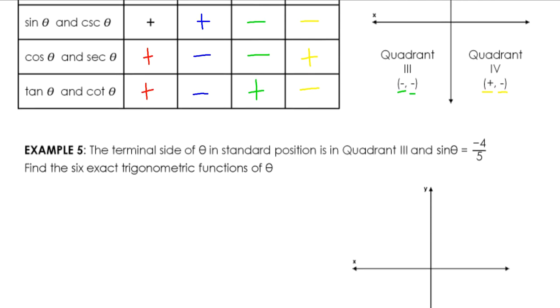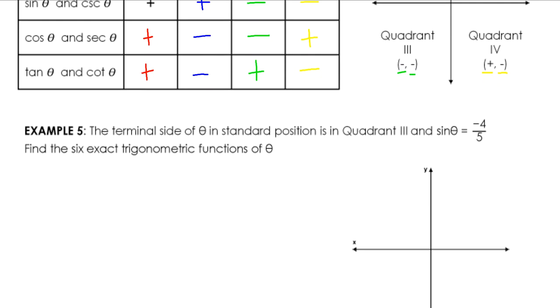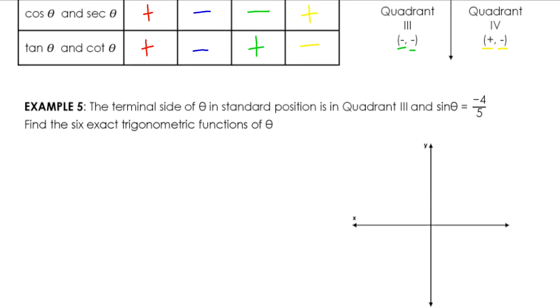So let's use that to see what's going on here. Here's the kind of question you might see around this. The terminal side of theta in standard position is in quadrant 3, so I know it's going to be in that bottom left quadrant. And the sine of theta is -4 over 5.